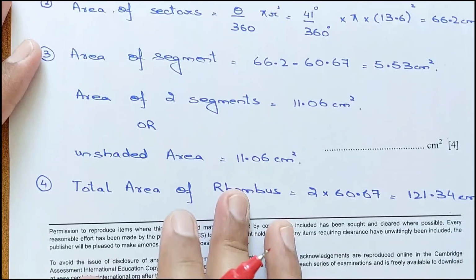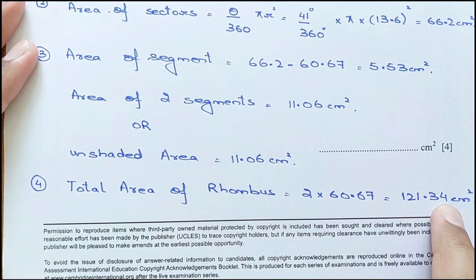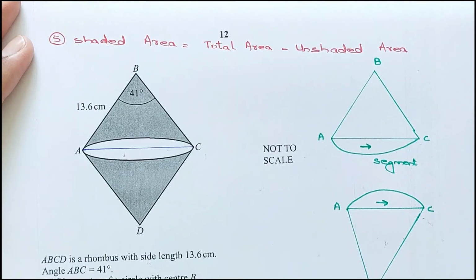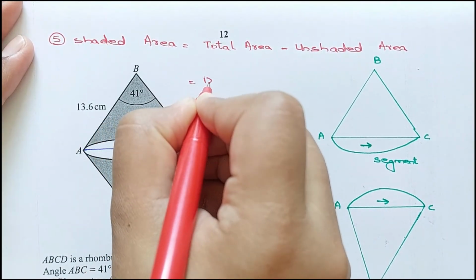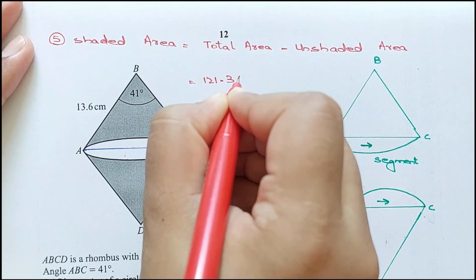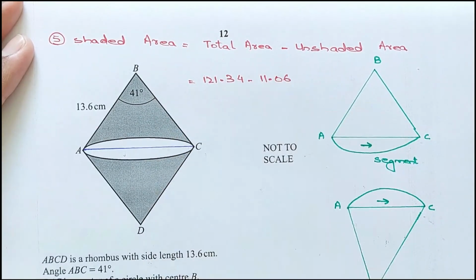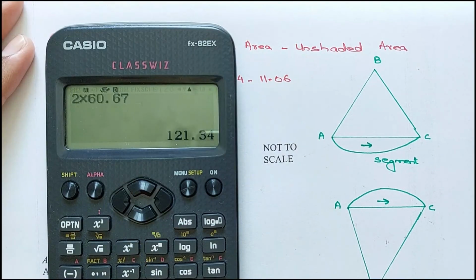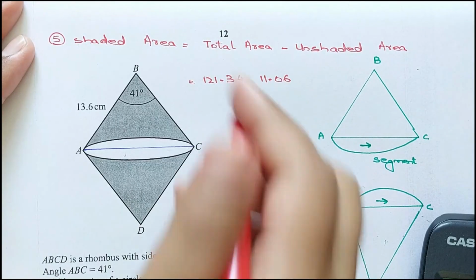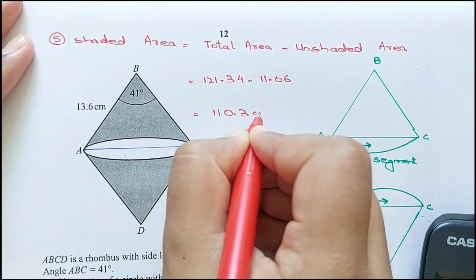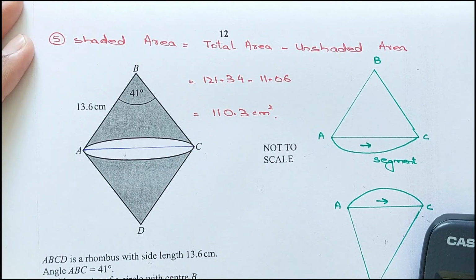The total area is 121.34, the unshaded is 11.06. So 121.34 minus 11.06 is 110.28, or we can say 110.3 centimeter square. That is the shaded area.